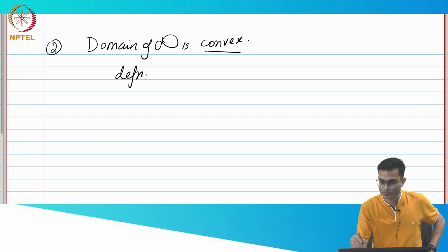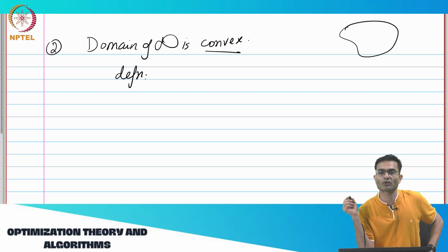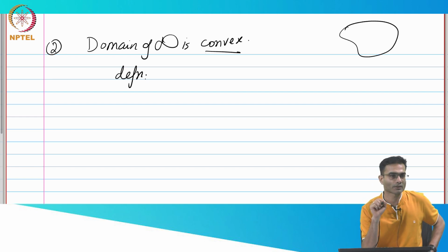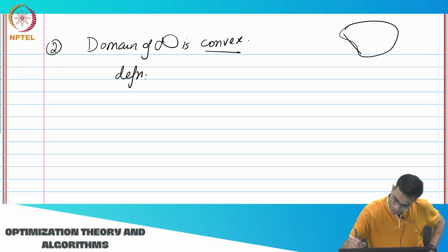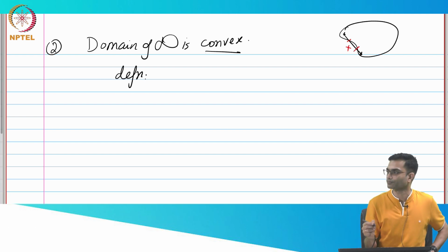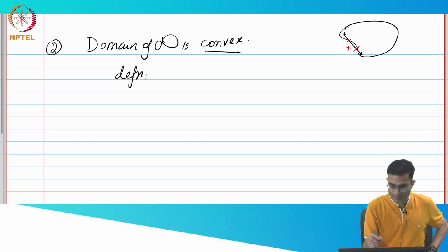If I give you some region like this, is this a convex set? No, because there is some convex combination of 2 points which does not lie in the set. If I take a line like this, from here to here, all of these points are outside. So this is not a convex set.